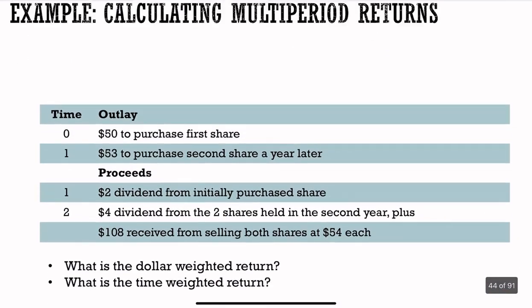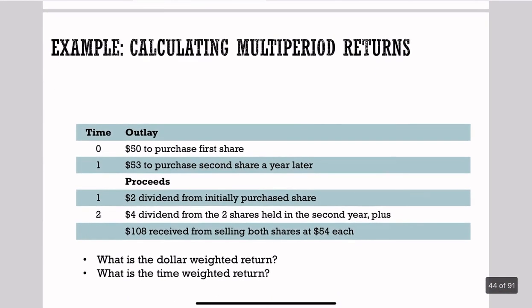Okay, now let's see this very simple example here. So let's say you're making some investment, and let's say we have this timeline here. So let's say at time 0, at the beginning of the time, you invested $50.